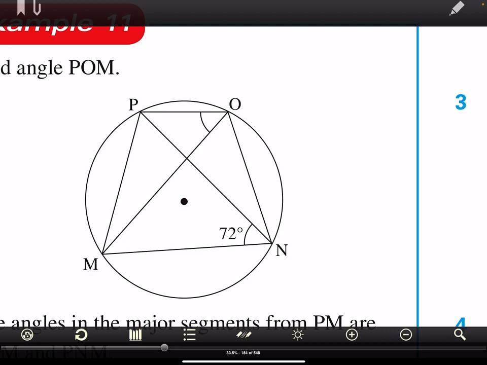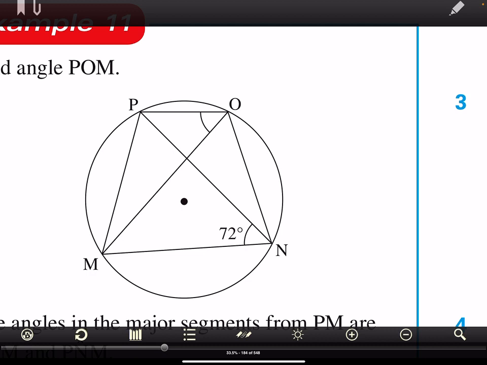I need an angle, a length, extending from P, coming to M. Angle of O, P-O-M, P-N-M. So the angle of O is the exact same thing as the angle of N.